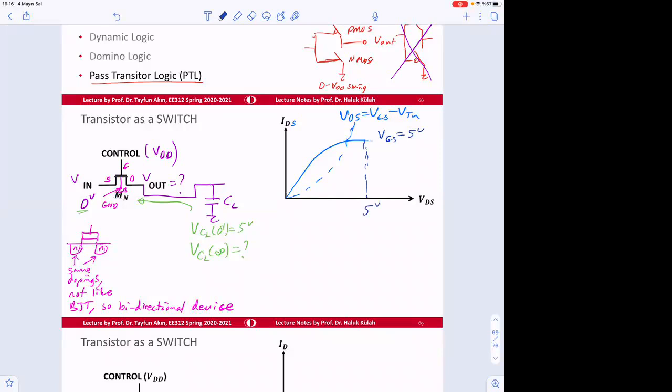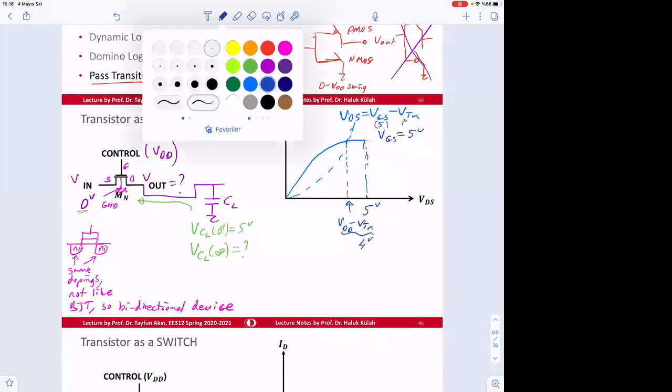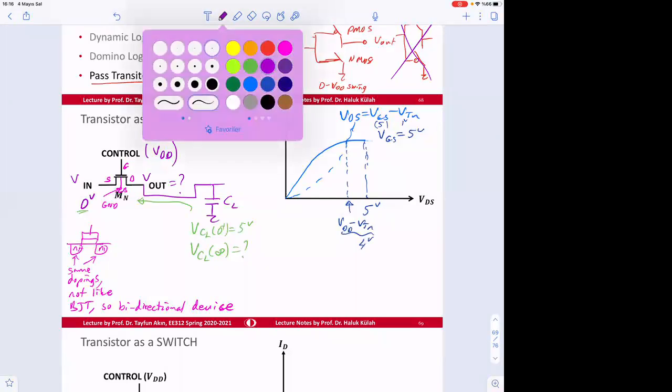If this is VDS is 5 volts, and this one is equal to each other, gate to source is 5 volt, and this one is 1 volt. So this one is going to be VDD minus VTN, which is equal to 4 volt, right? I mean, just to be accurate here. For this question, we don't need to calculate that, but I'm trying to draw this nicely.